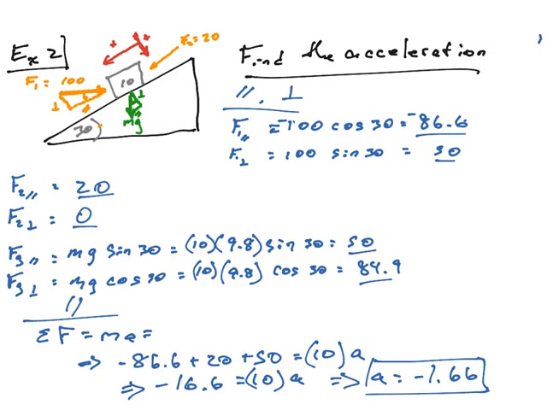You're allowed to do that, and no one can say it's wrong. What's key is that I let everybody know from the picture which direction I'm choosing to be the positive direction. That way, when someone looks at my answer, negative 1.66, and asks what does that mean, they look at my picture and say, oh, he chose downward as positive, so this means this thing's going upwards. Okay, that makes sense.